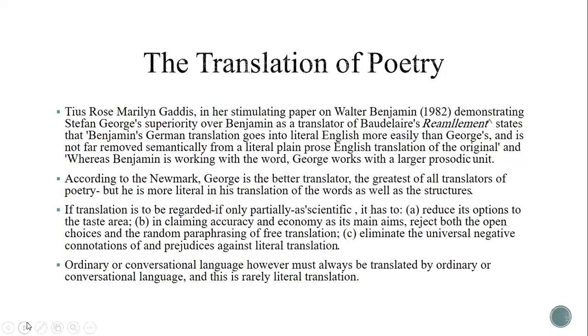The translation of poetry. Rose Marilyn Gaddis, in her stimulating paper on Walter Benjamin in 1982, demonstrating Stefan George's superiority over Benjamin as a translator of Baudelaire's Spleen poems, states that Benjamin's German translation goes into literal English more easily than George's, and is not far removed semantically from a literal plain prose English translation of the original, whereas Benjamin is working with the word, George worked with a large prosodic unit.